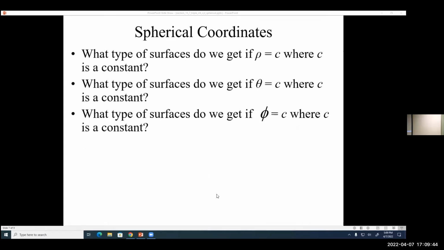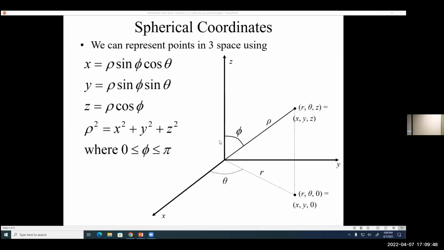Last one. If phi is a constant, let's go back and look at what phi is. This angle between z and rho is now constant. But this thing can be spun around this way, and it can be lengthened out this way. This will be our cone. So spherical is very good for dealing with cones as well. What we would need to know is the angle on the cone.